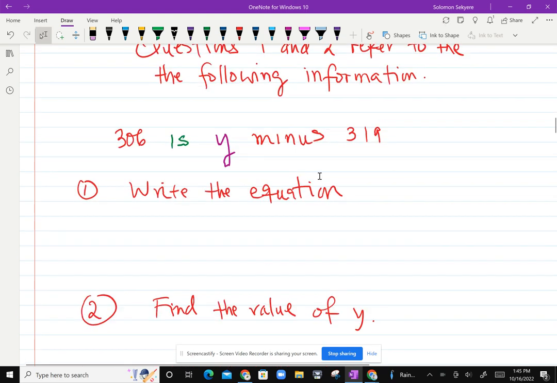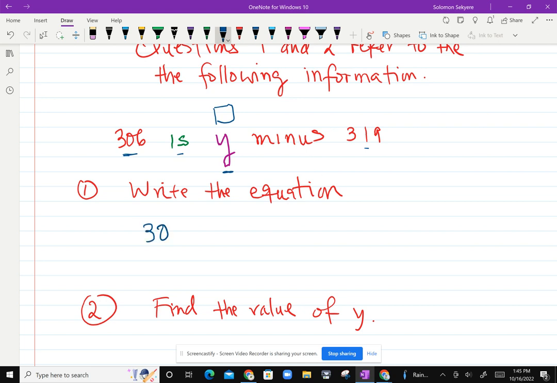First one is 306 is y minus 319. What is y? Y is your variable, is the box. So how do we translate this? It says 306 is, means equal to y minus 319.